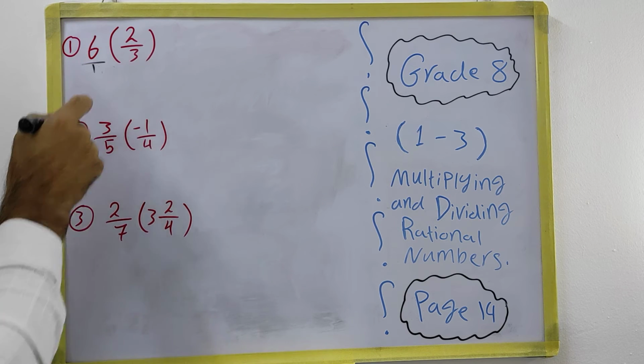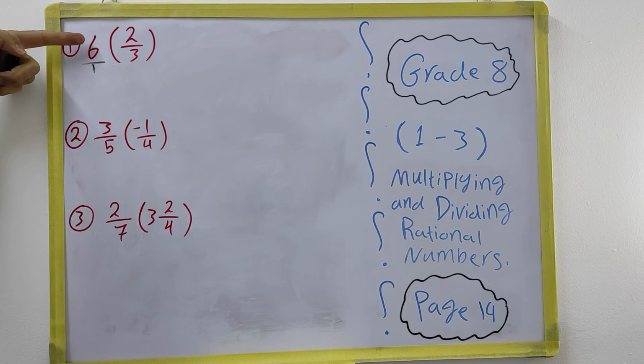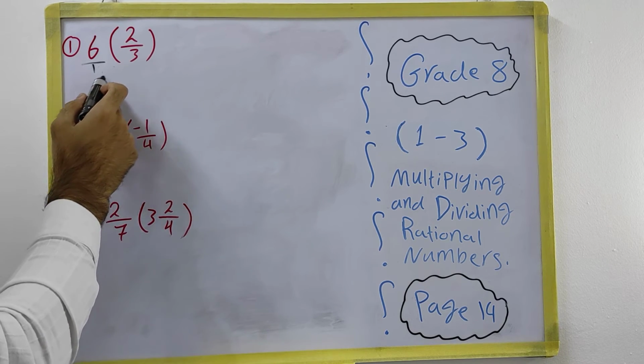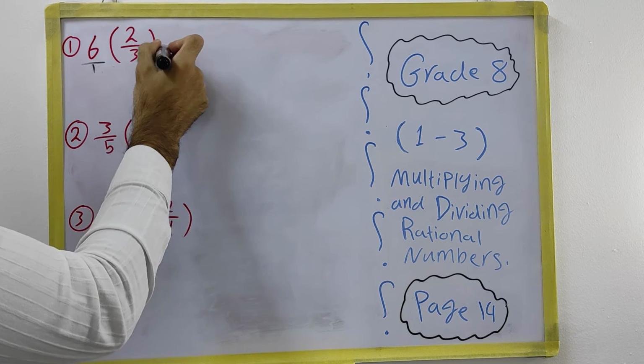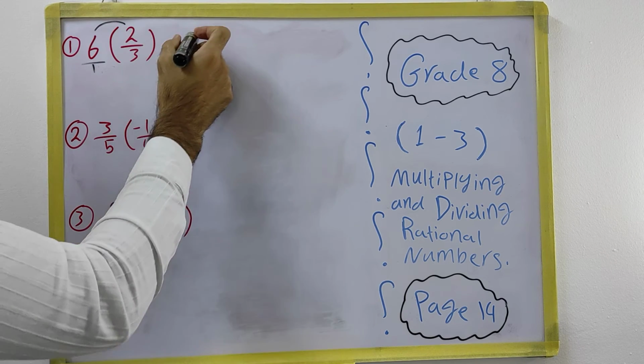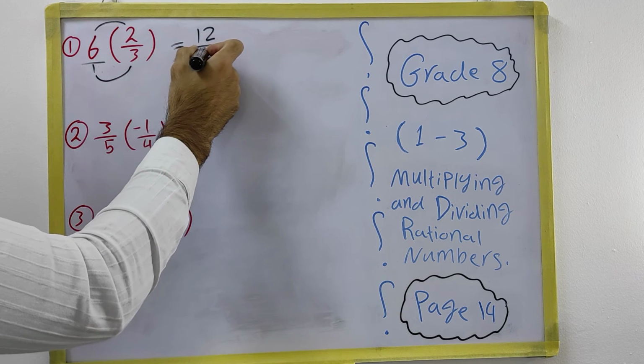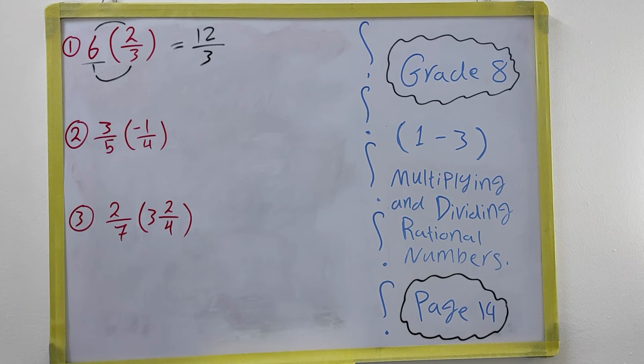Now let's do that. We said always when you have a number like that, you can make it over 1. Always the denominator is 1 when it's only one number. Then it's very easy to multiply. Always numerator multiply numerator, denominator multiply denominator. Now we multiply 6 by 2 on the numerator, 1 by 3 in the denominator.